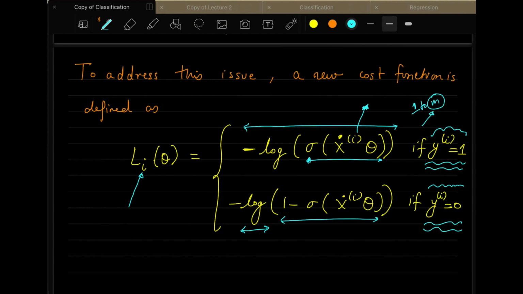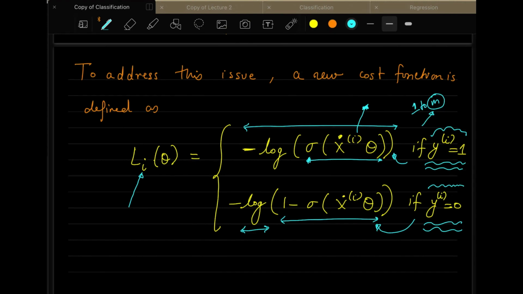Now the important thing is, because this is a conditional statement, where yi is equal to 1 you will have this, and when yi is equal to 0 you have something like this. Is there any way that we can combine these two together, so that it will have one single loss function, and we are good with that?